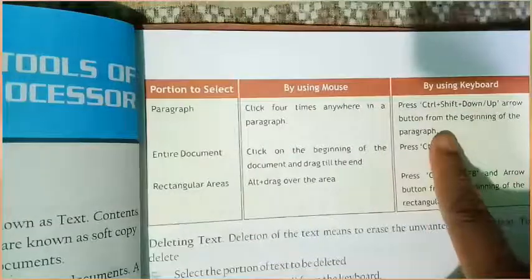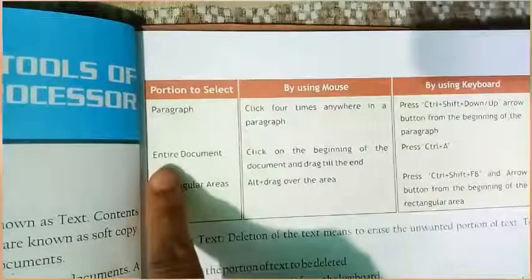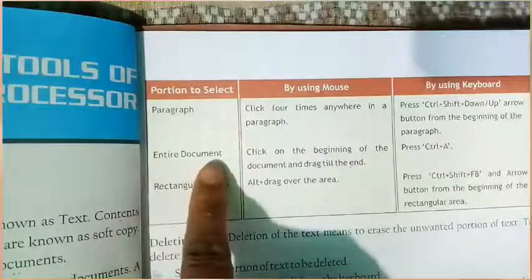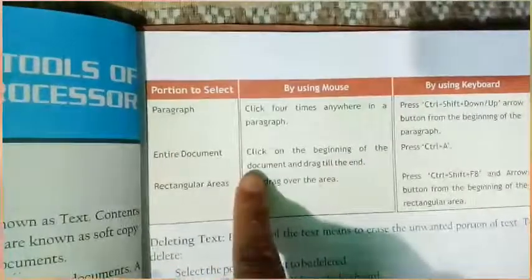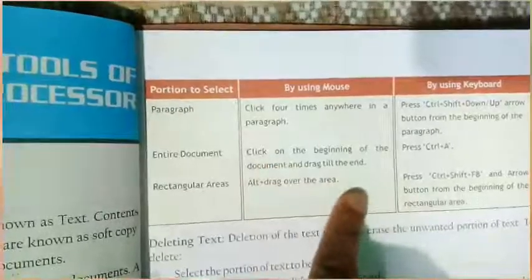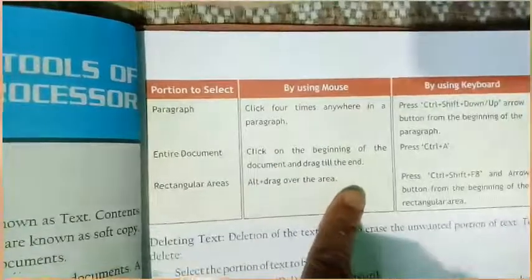If we want to select the entire, means the whole document, we will click on the beginning of the document and drag the mouse till the end of the document to select it.